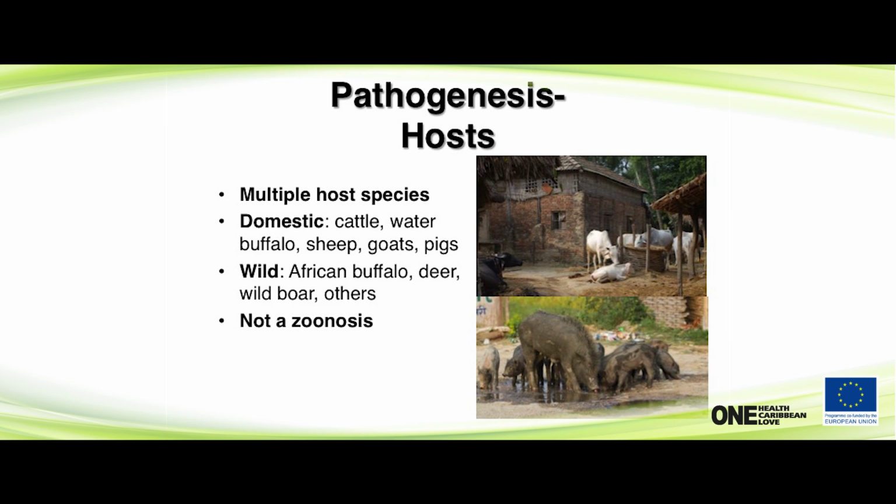In wild animals, there is also a very large number of animals that can become infected, but ones that have been of epidemiological importance are certainly African buffalo, where they occur. Deer have been important. They were important in North America in eradication of the disease there. Wild boar can be important. They were involved in outbreaks in Bulgaria in 2011.